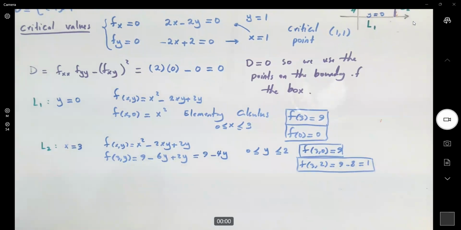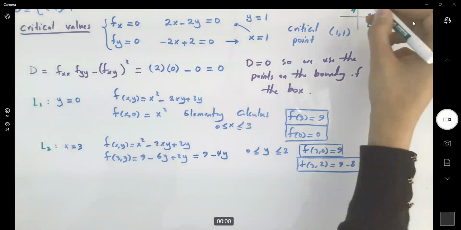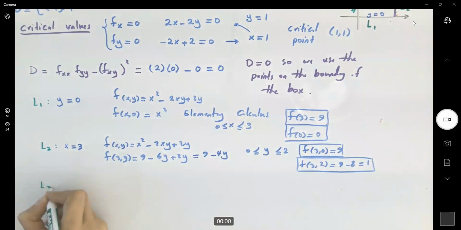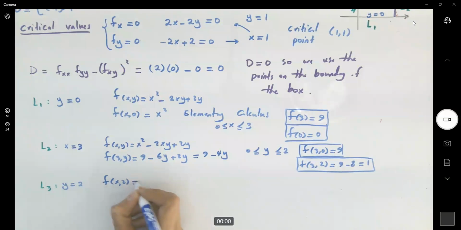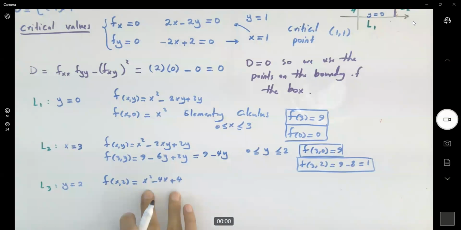Now on L3, this line. My y is fixed and my y is equal to 2. Again, go back to the original function. f of x and 2 is equal to x squared minus 4x plus 4. Again, you have a quadratic function. For this quadratic function, what do we know?